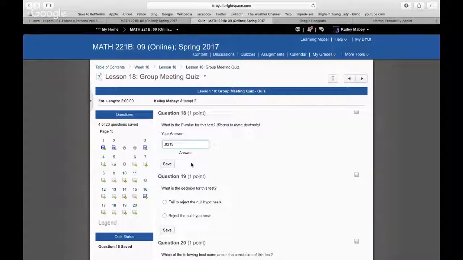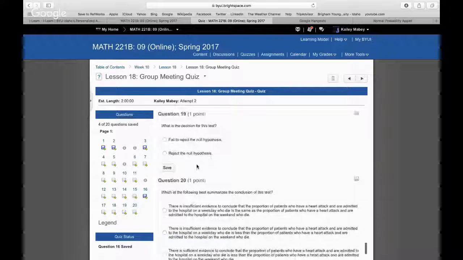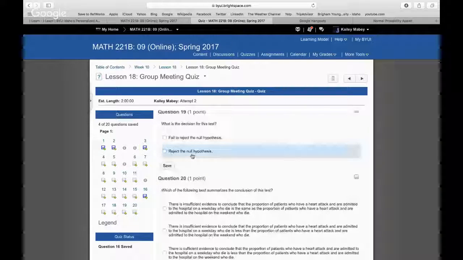Oh, I guess I put an extra decimal in there. Wait, what? And it counted it? That's weird. It says round to 3 decimals. Yeah, that is weird. Oh well. Okay, reject the null, and then C.